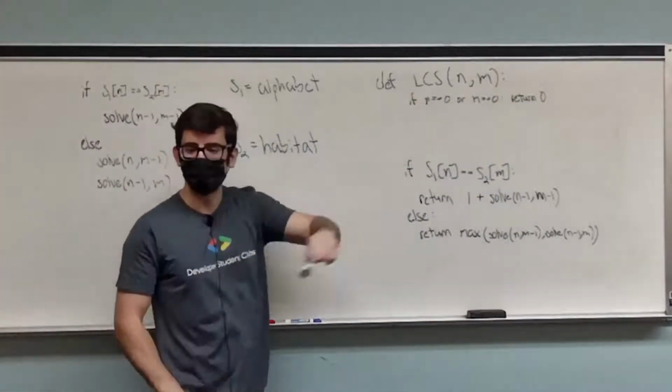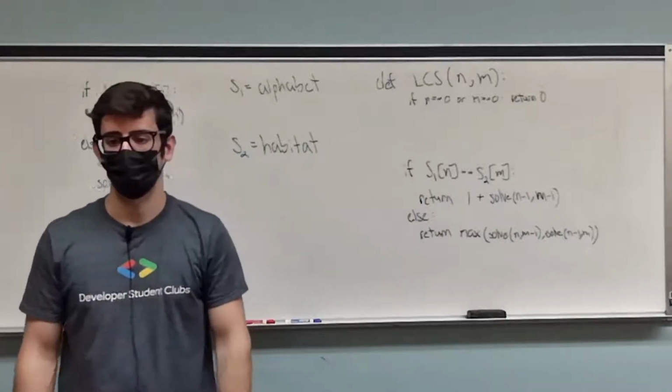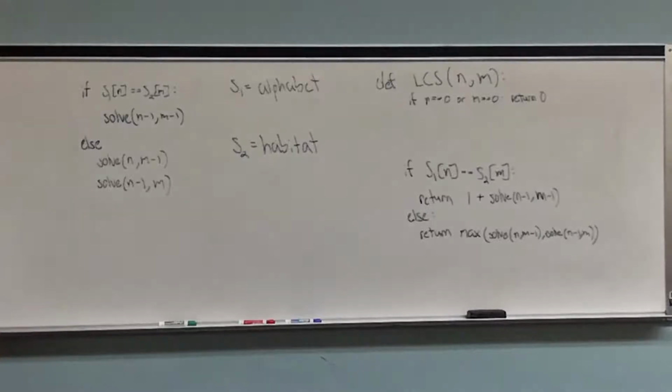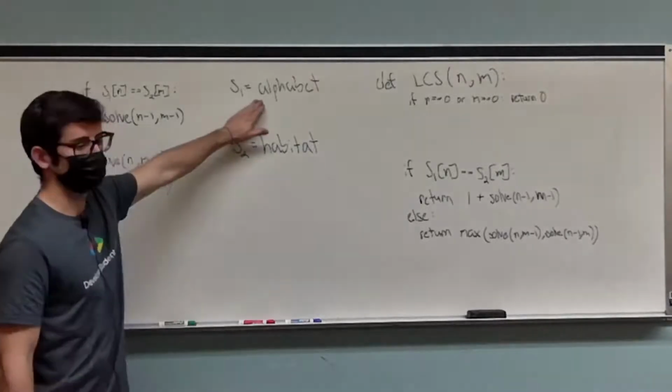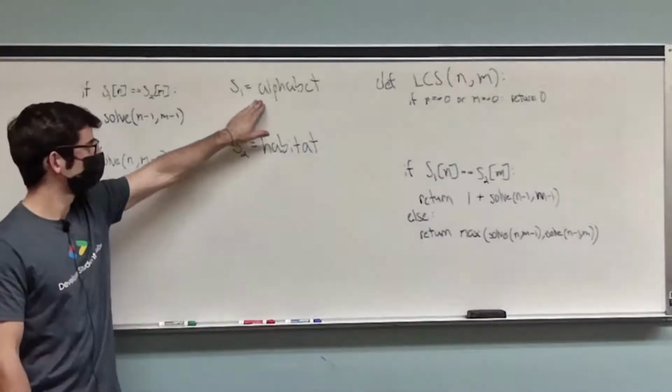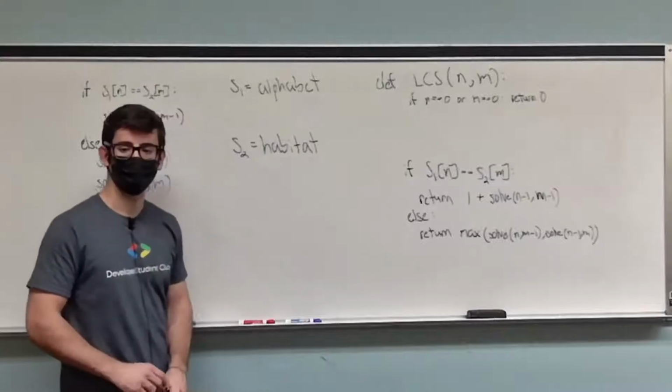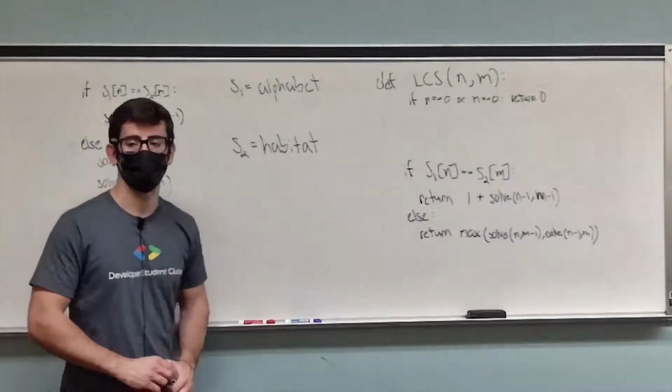You guys agree? I agree, but you need to remind people that the indexing starts at 0, so you need to be really careful with that. Here it's starting on 1. Yeah, but I'm just saying when you're actually going to code it, it starts at 0 unless you're using some weird language.